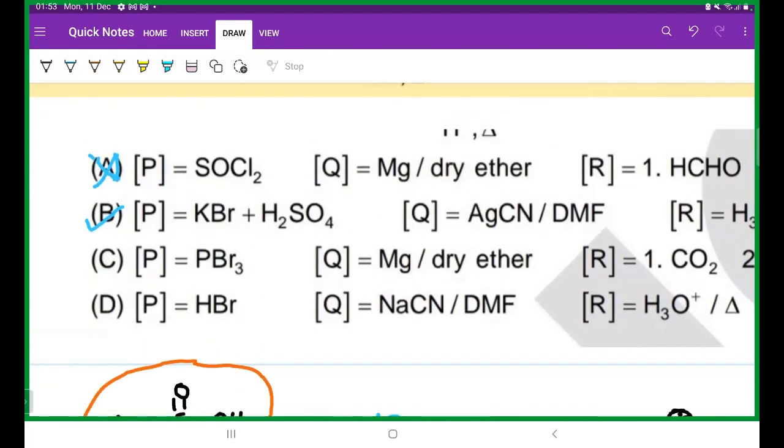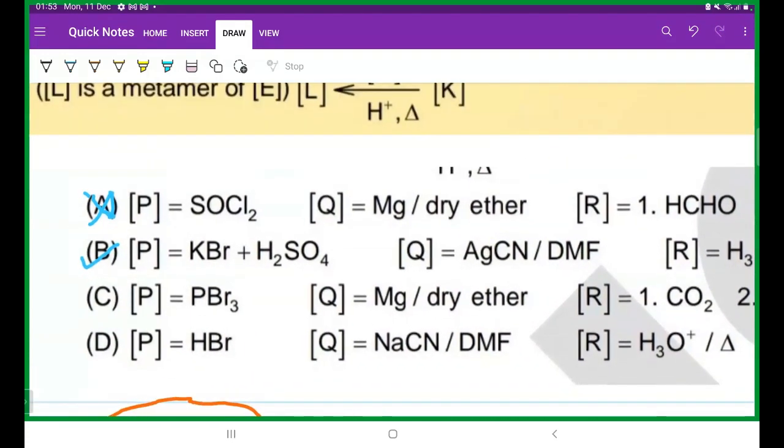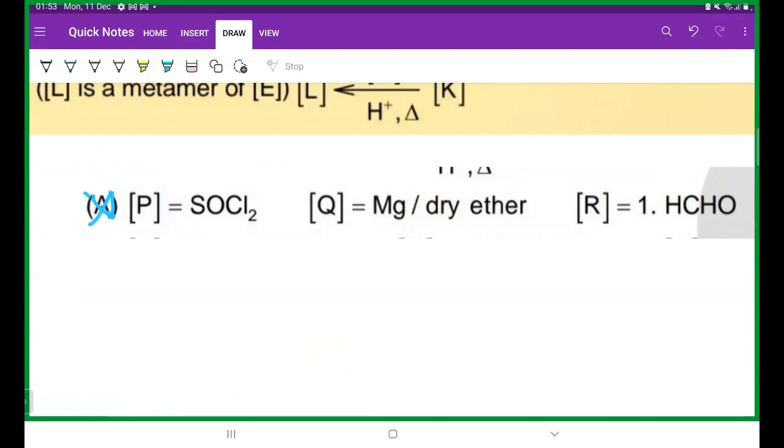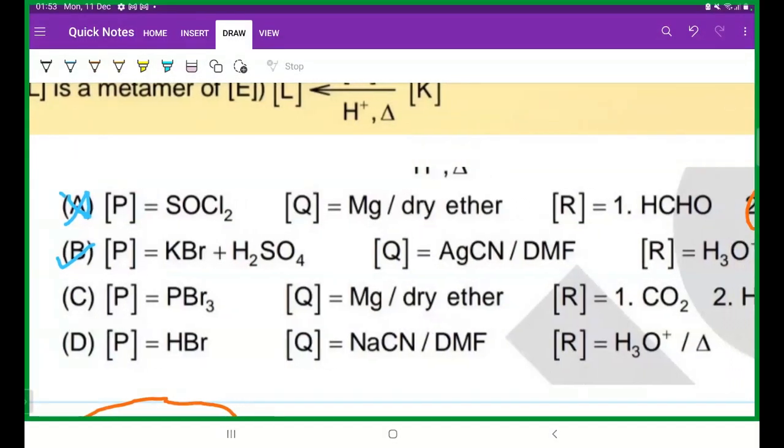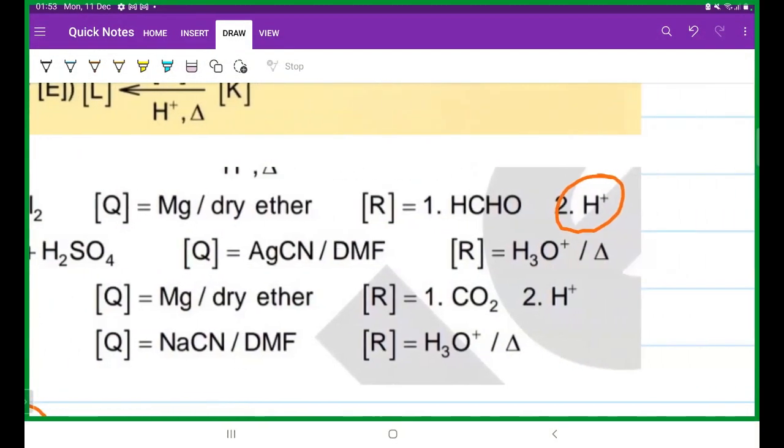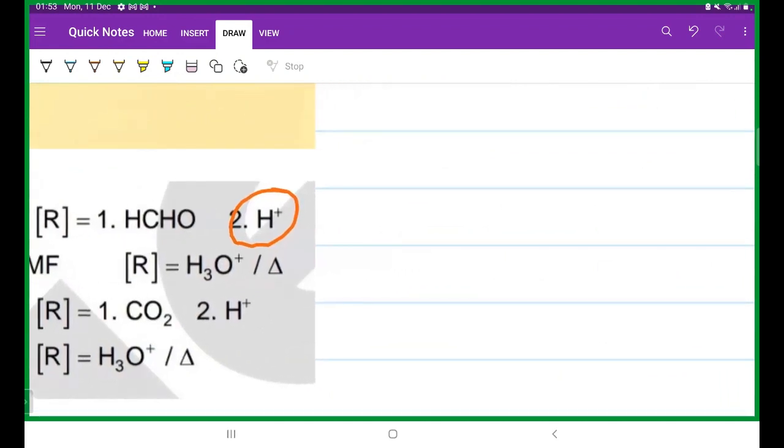If you look at C and D, let's try to do this orally. PBr3 is a bromination reaction. Mg in dry ether will make it a carbanion. And when that carbanion attacks CO2, this is what will happen.